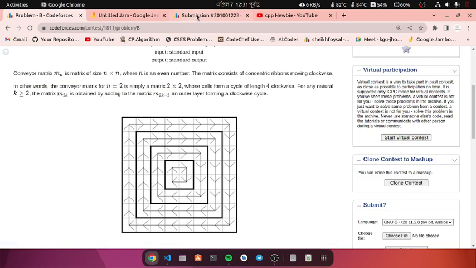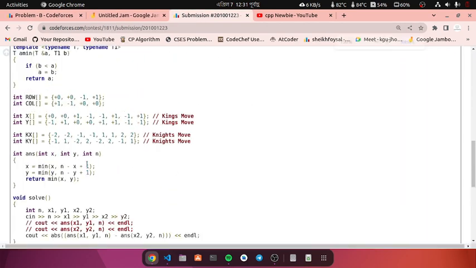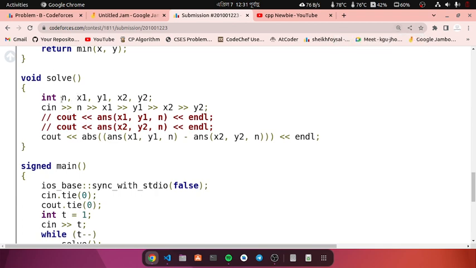Take n, x1, and the 2 points, then we pass x, y and n.